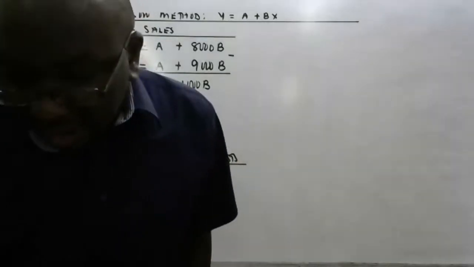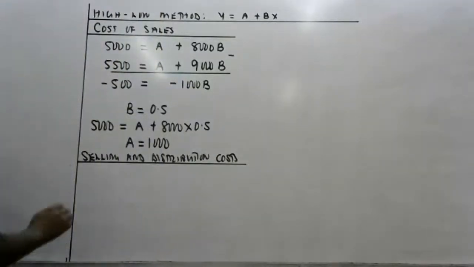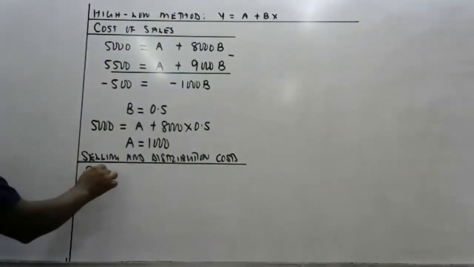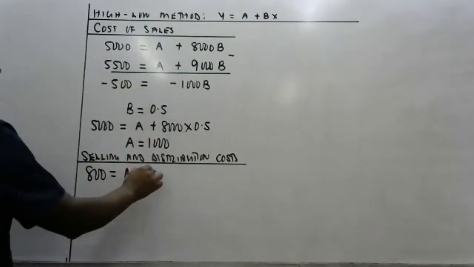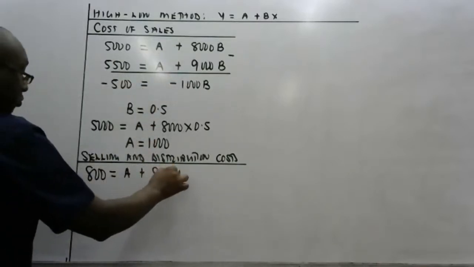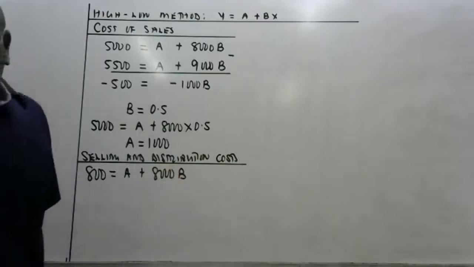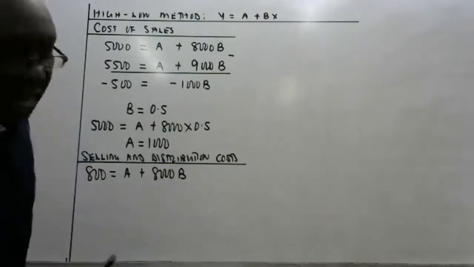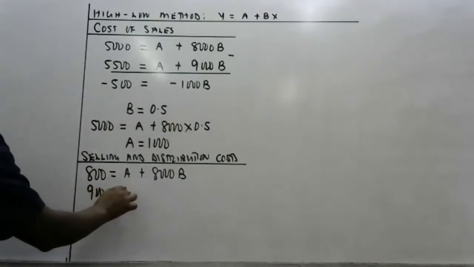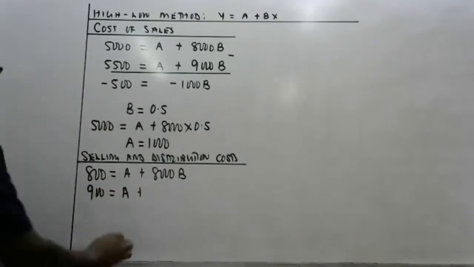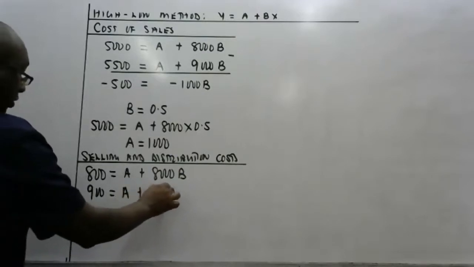You take the amount, which is 800, to be equal to A plus, we are still using the same sales, 8,000 B, and then 900 being equal to A plus 9,000 B.